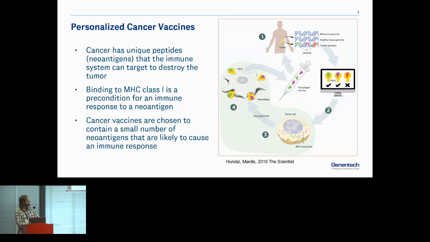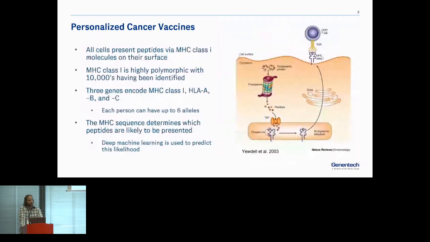This hinges on the MHC protein. It's a super polymorphic protein. There are more than 10,000 alleles that have been identified. Each person will have 3 genes that encode for this, HLA-A, B, and C, so you can have up to 6 alleles.